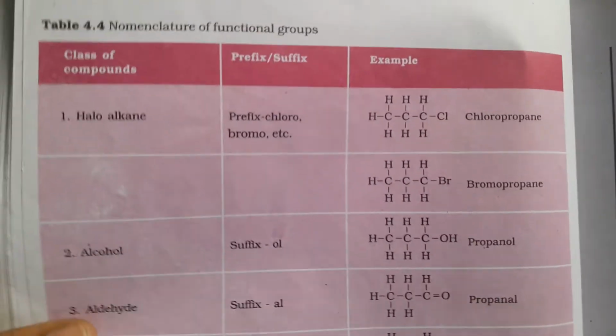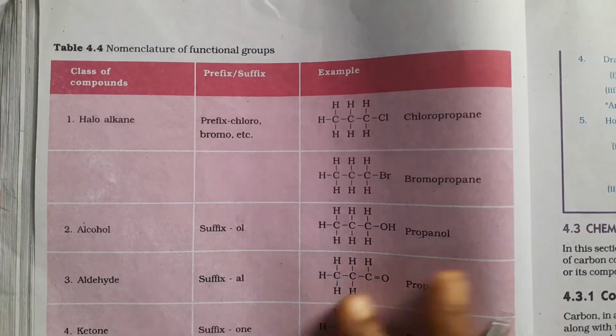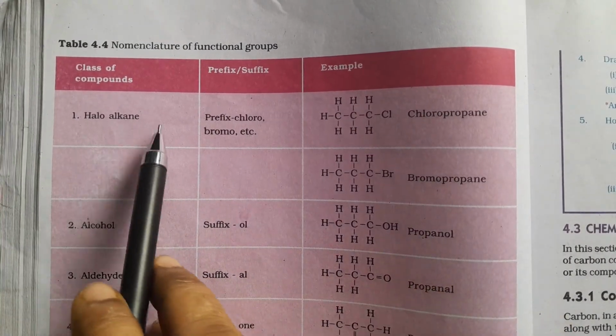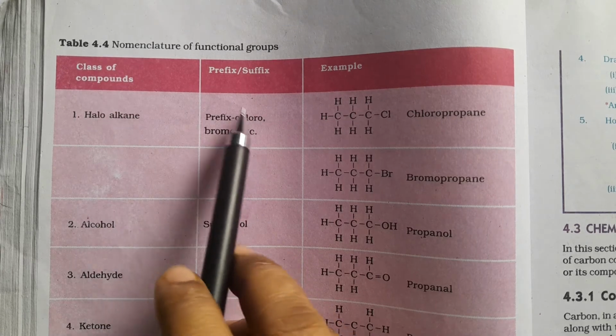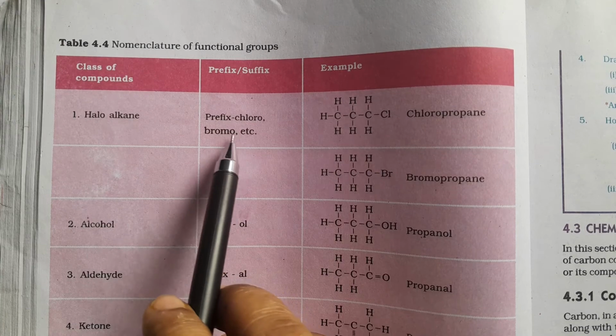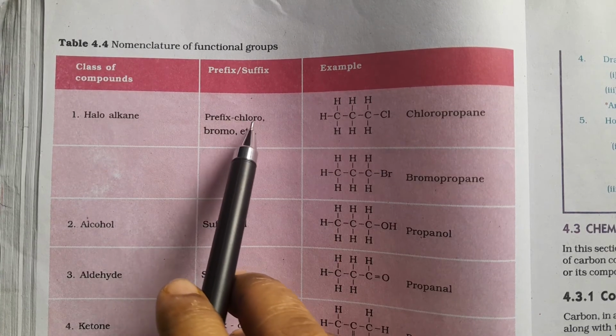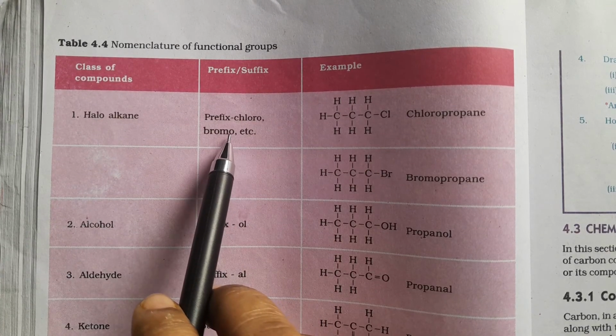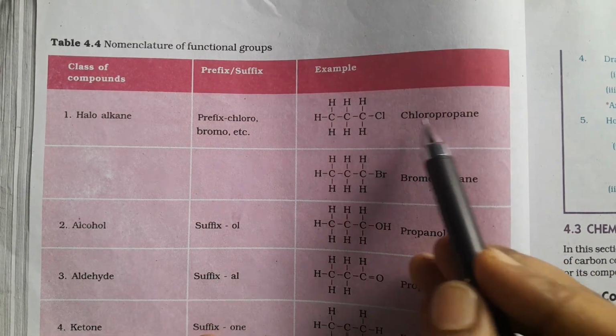So see from the textbook, haloalkane: only the halogen family will be added as a prefix. This functional group is added as a prefix, chloro, bromo. This is chloropropane.